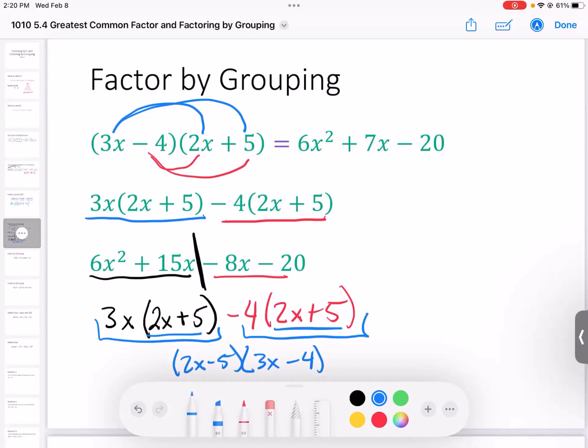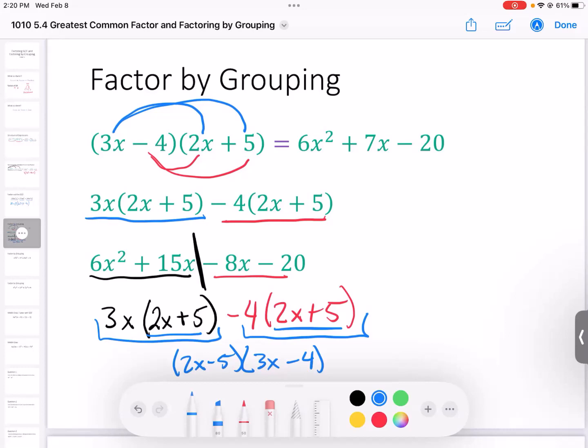Yeah, can you go back to that bottom part right here? How did you get that? Yeah, so does it make sense how we have 2 terms? Yes. And if we look at those 2 terms, they have 2x plus 5 in common, so we're going to pull that out. Just like here where we had 3x in common and we pulled the 3x out, we're going to pull out this.